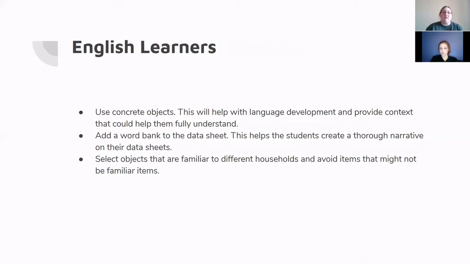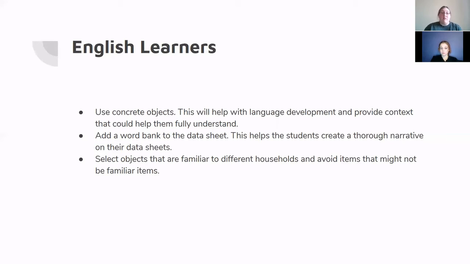So some adaptations to this activity for English learners is you can use concrete objects, and this helps them with their language development and also provides some context that would help them fully understand why you're doing the activity and what they're getting out of the activity.